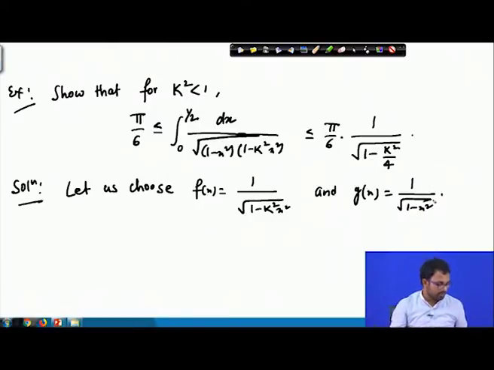As per the statement of the first mean value theorem, f and g both need to be bounded. So obviously they are bounded in the interval 0 to half, because k square is less than 1. So this quantity is bounded and this quantity is bounded, and of course this function keeps the same sign.